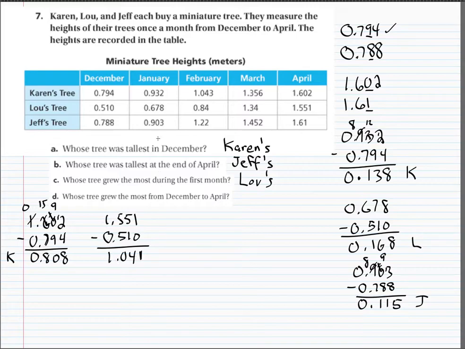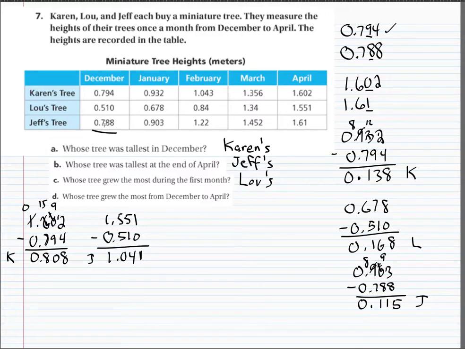is 1. So hopefully you can see right away that Jeff's is definitely greater than Karen's, because Jeff's is greater than 1, whereas Karen's is less than 1. And the last one, you might even be able to look at this without doing the subtraction and realize that this number right here for Jeff, from December to April, does not grow 1 whole, right?